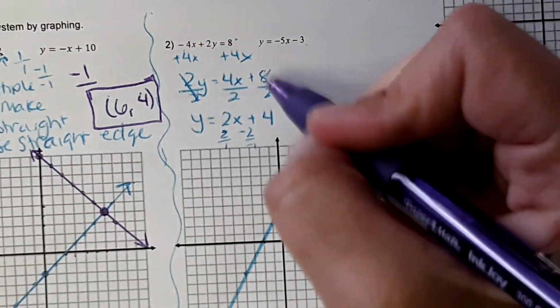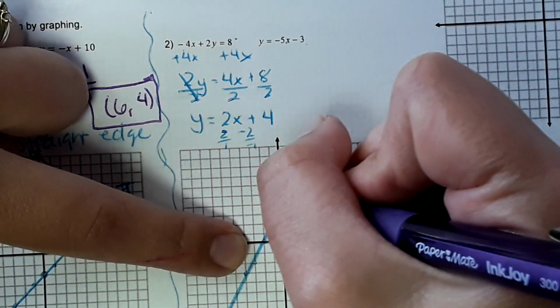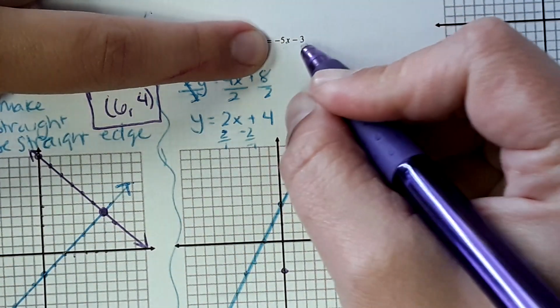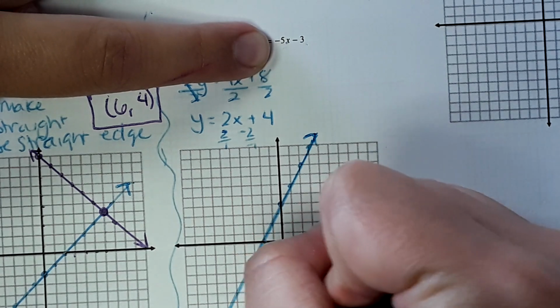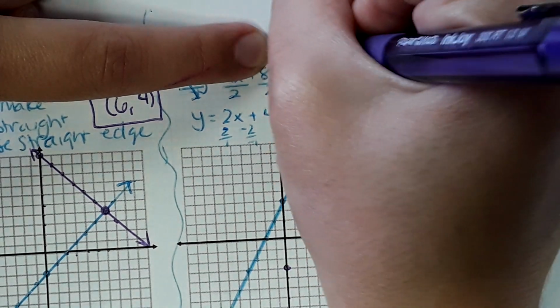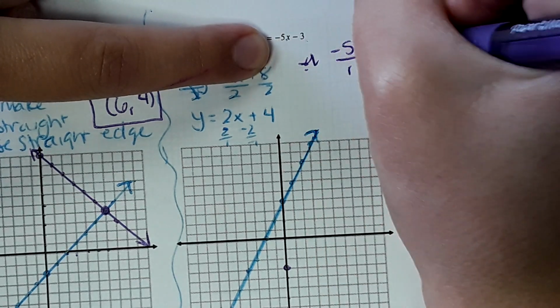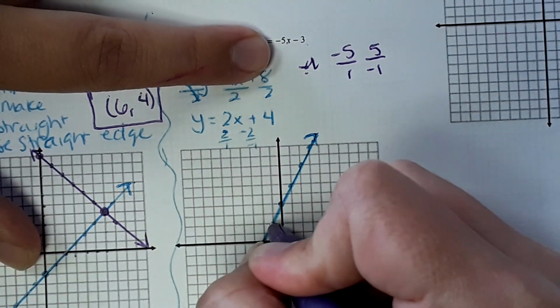Then for the next one, we don't have to rearrange it at all. It's in slope-intercept, so y-intercept would be at -3. And then our slope is -5, so that's down 5 over 1. Negative 5 over 1 is the same as positive 5 over -1, so I can also go up 5 to the left 1, 2, 3, 4, 5.